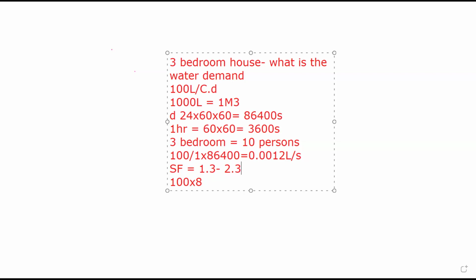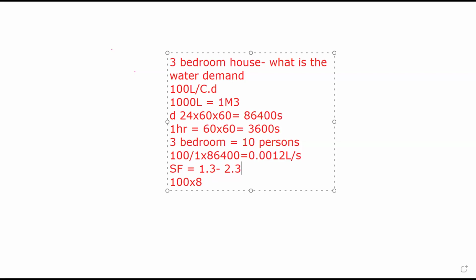The value to use now depends on the number of capita or the population equivalent. As the population equivalent is getting bigger, the safety factor becomes smaller. Let me repeat it again.